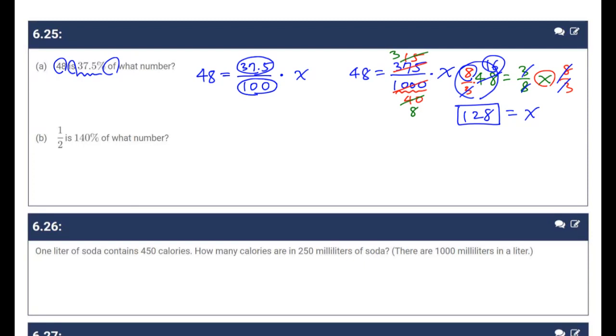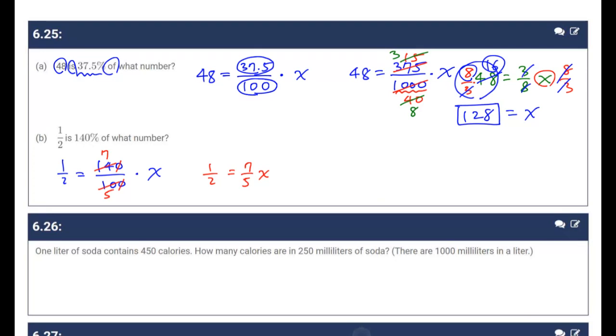Moving on to B. 1/2 is 140% of what number? This is simpler actually. So I'm going to reduce 0, 0, and 2 goes in there 5 times, 2 goes in there 7 times. So far I have 1/2 equals 7 over 5x.